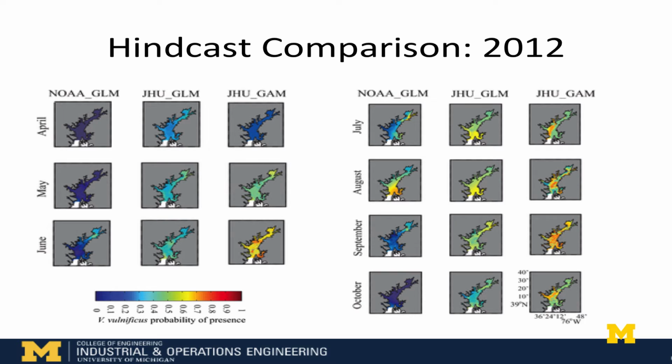We can then go back and hindcast. So we hindcast 2012 by month for each of the 3 models. This is the Chesapeake Bay, a little miniature Chesapeake Bay, and the color is the probability of having Vibrios there. So we start with April. The NOAA model says basically they're not there. Our GLM says some chance they're there, and our GAM says nope, they're probably not there.